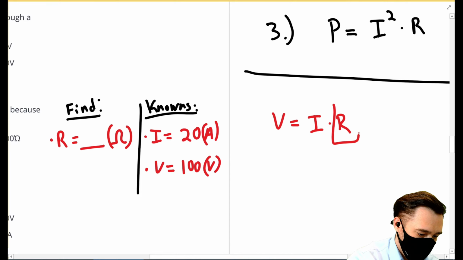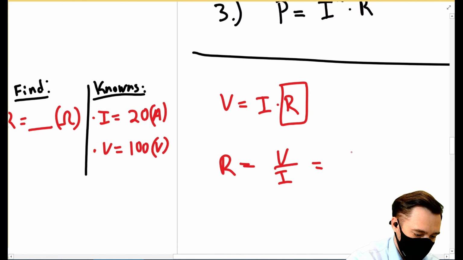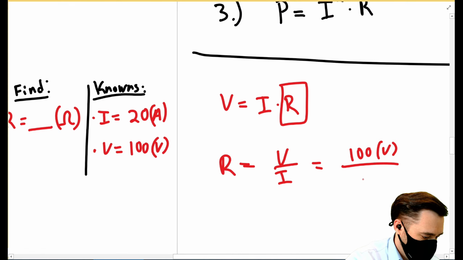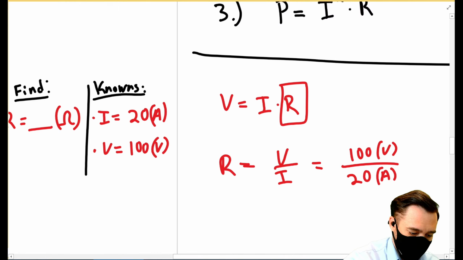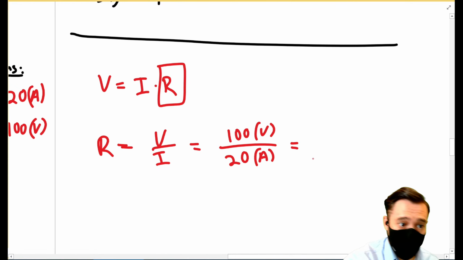I'm solving for R. So we get R is equal to V over I. My voltage is 100 volts. My current is 20 amps. So 100 divided by 20, I get what?